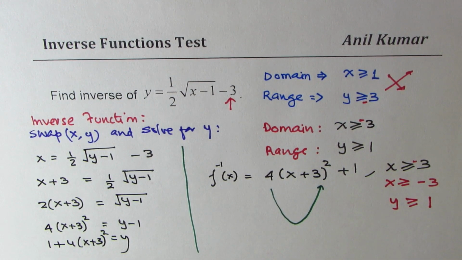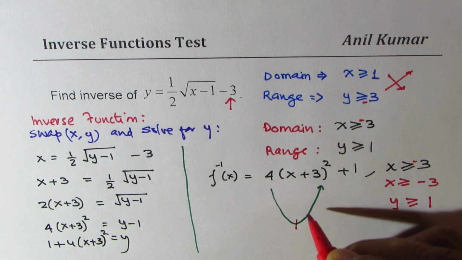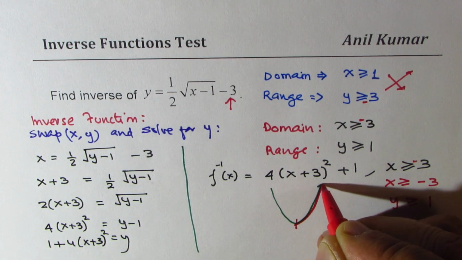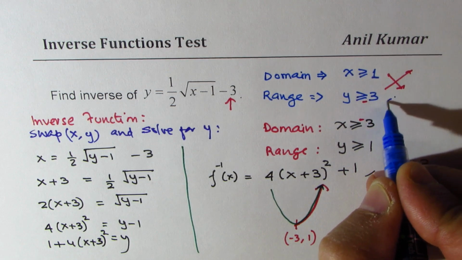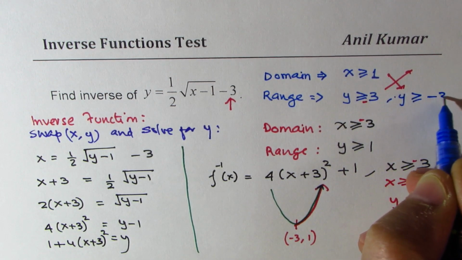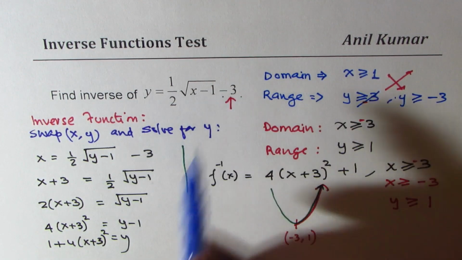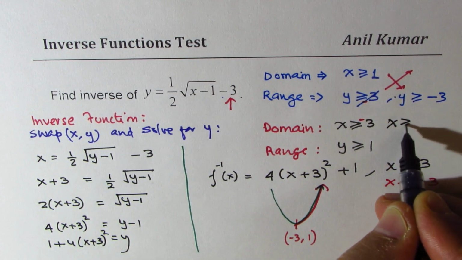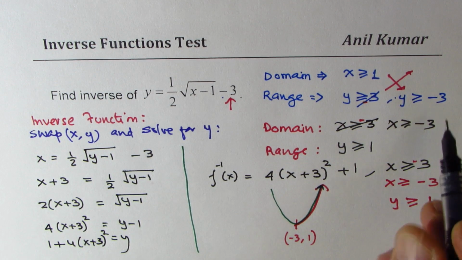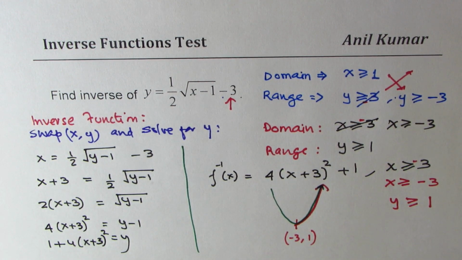However, our solution includes only from this point to this point, where the vertex is at (minus 3, 1). So I hope this is absolutely clear, right? Sorry for this mistake. The x value should be greater than or equal to minus 3. Is it okay? So that is what it is.